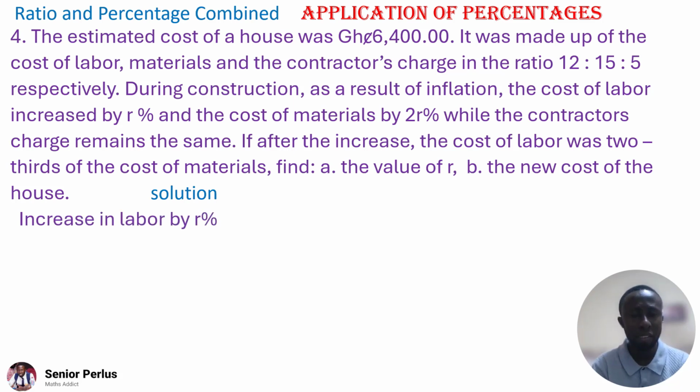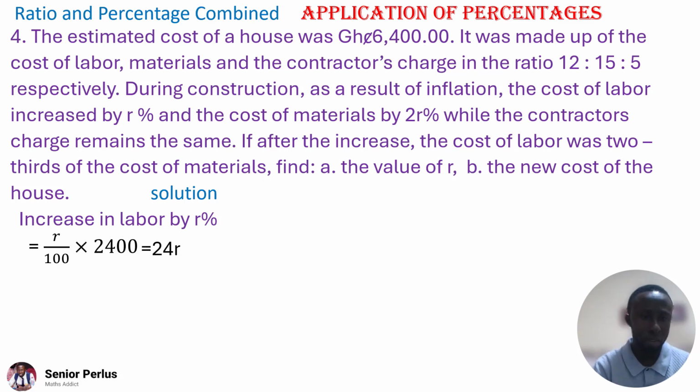The increase in the cost of labor by the inflation, that's R%, would be R out of 100 times the cost of labor, which was 2,400. If I multiply, I'll get 24R, because the 100 will cancel the zeros.